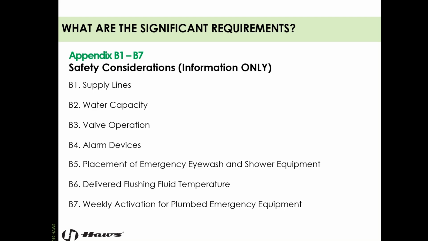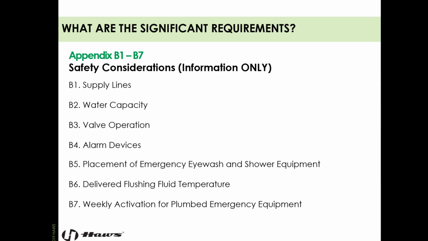Consider an alarm if you haven't before. They're incredibly important. They help to notify your coworkers, safety office, anybody nearby that you are having an emergency. And the faster we can get somebody on the phone with 911, getting first responders to the scene, the better. So if you haven't considered alarms before, please consider them going forward.